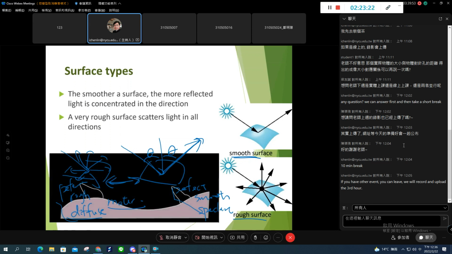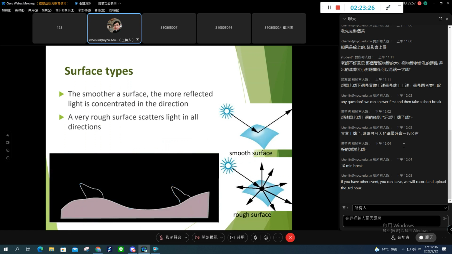So there is a famous model called the Phong model. The model we will talk about later is actually derived from observation. When scientists use a device such as the BRDF device we have shown you, for instance, they use a surface, a light source, and a camera placed in different directions to estimate the reflection.